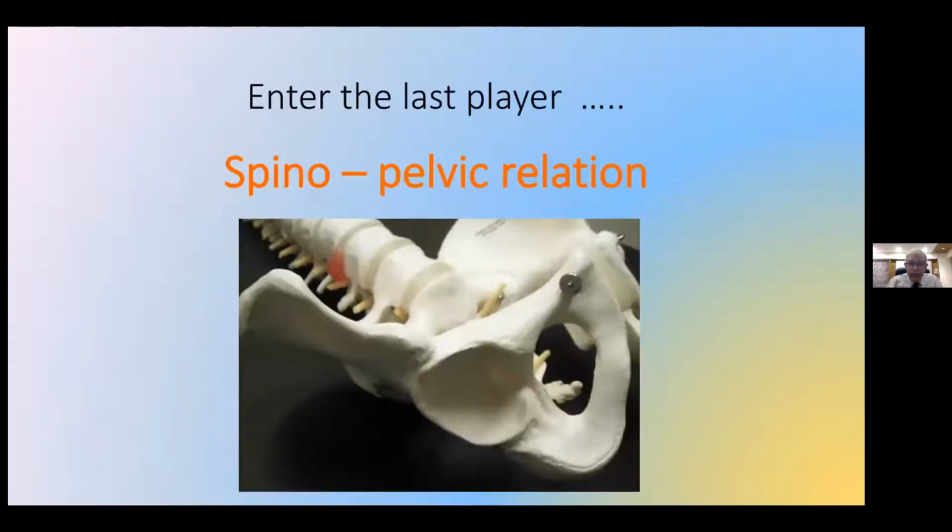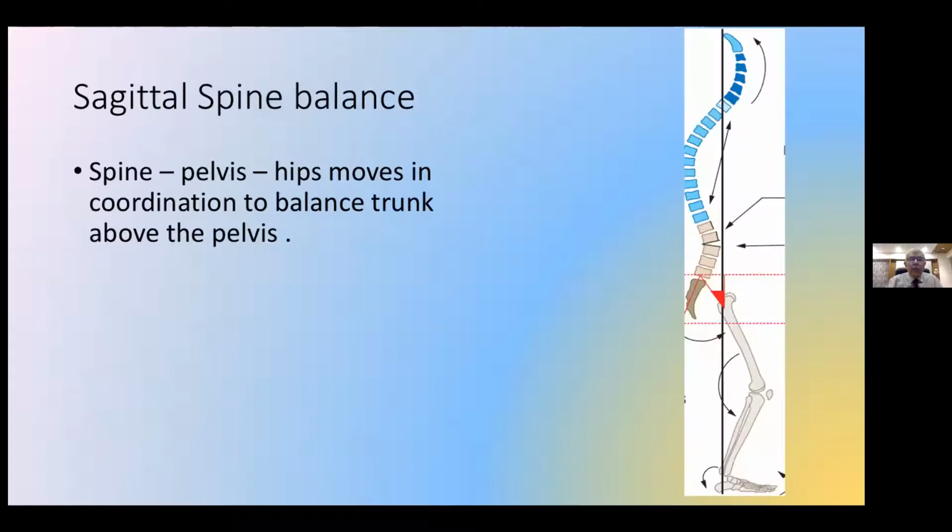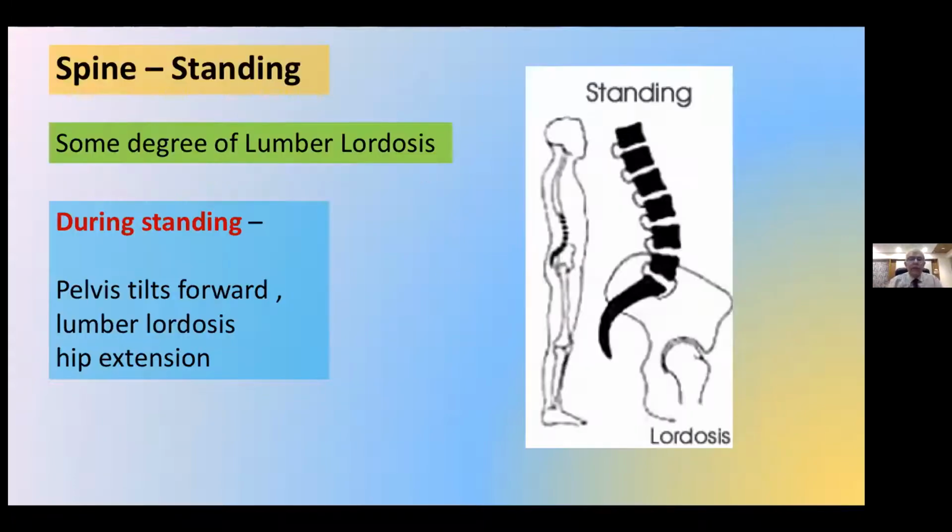Enter the last player, the spinopelvic relation. What has this got to do with your cup placement, your anteversion, your movements, your functional activities? We all know that the spine, pelvis, and hip move in coordination to balance the trunk above the pelvis. Now, when you are standing, there is some degree of lordosis, and the pelvis is tilted forward.